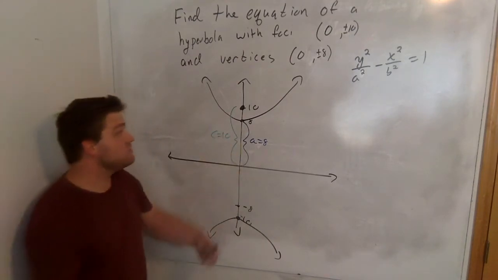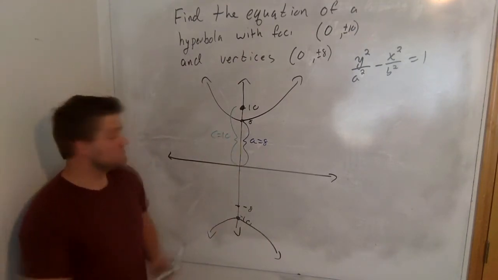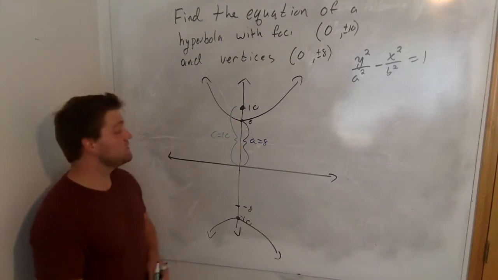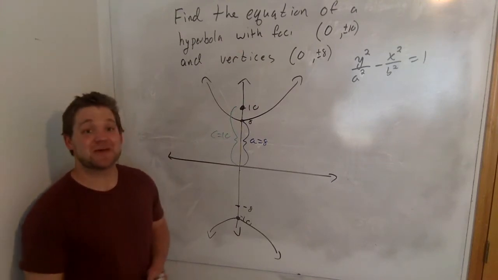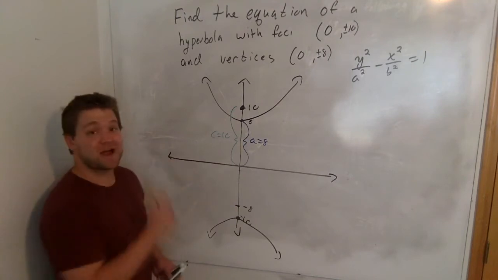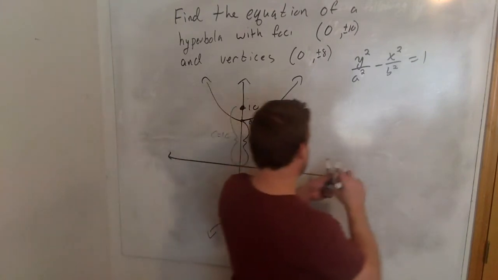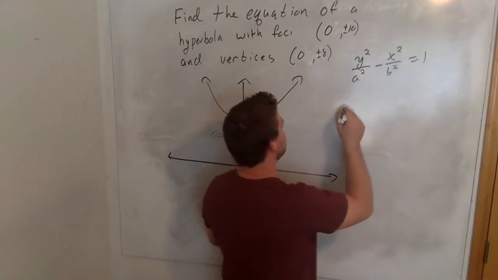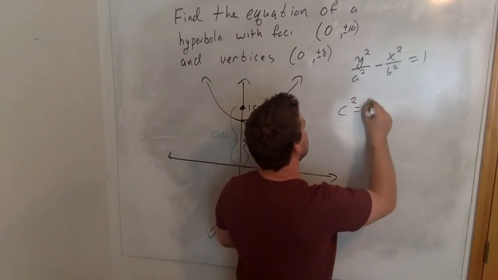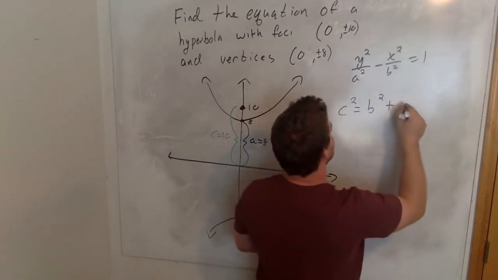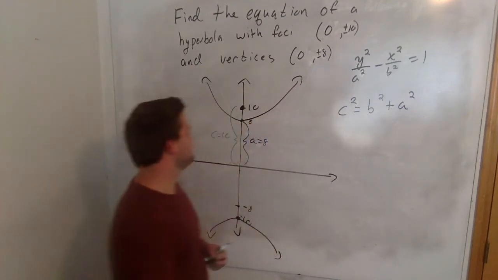Okay, so we know what a is, but now we need to figure out what b is. And how are we going to do that? Well, we need to remember that Pythagorean identity for hyperbola. You could draw the picture if you like, but we should have that c squared should be equal to b squared plus a squared.